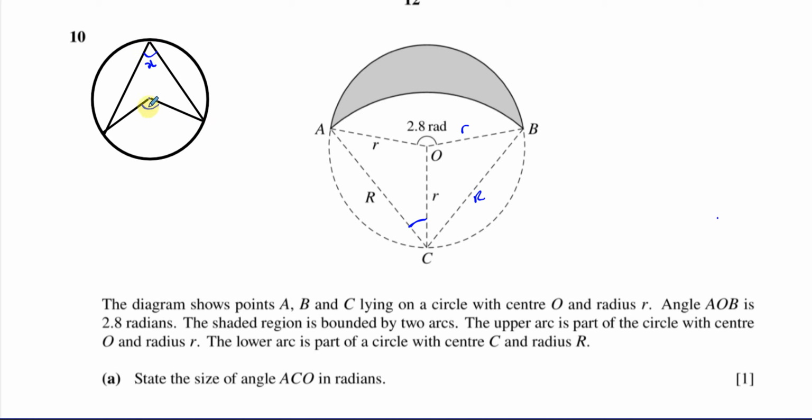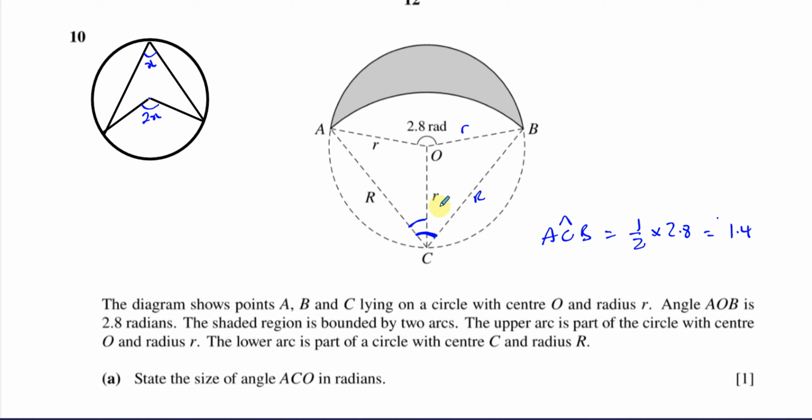So if this is x, this would be 2x. So that means this angle over here, the angle ACB, is going to be a half of the angle at the center, which is 2.8 radians. So that means that's going to be 1.4 radians. That is this angle over here.